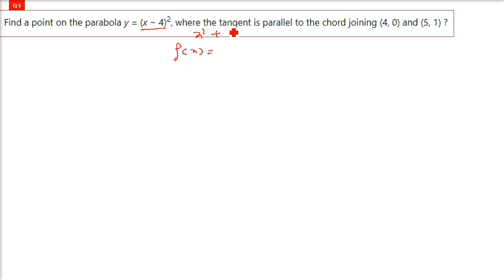We have x minus 4 whole square that can be written as a square plus b square plus 2ab. That 2ab, this x square minus 8x plus 16. Okay. Now find a point in the parabola. So there is a curve which is a parabola. Now where the tangent is parallel to the chord joining 4, 0 and 5, 1.